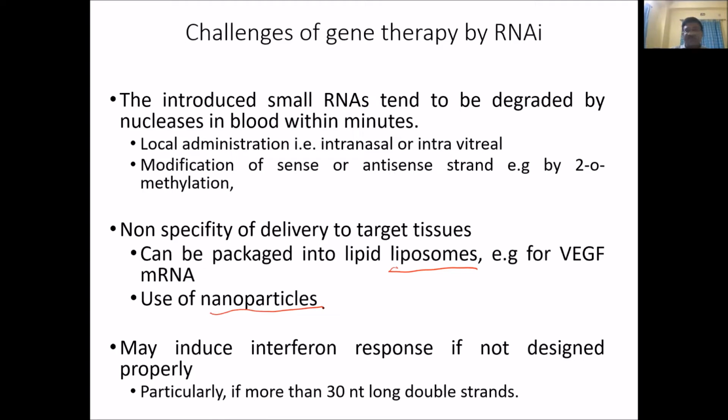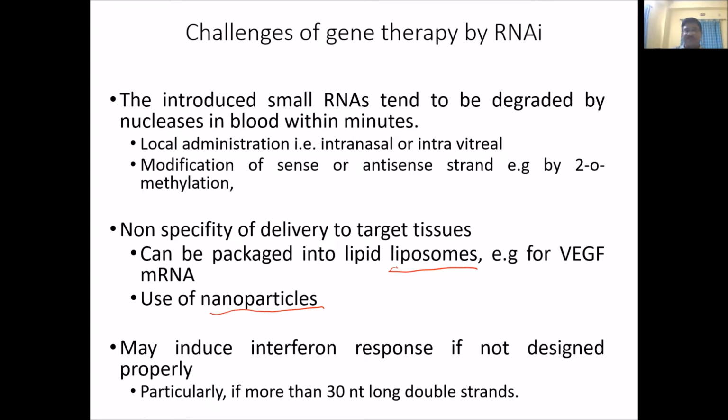The third challenge is that they may introduce an interferon response if not designed properly. That means the length of the introduced siRNA or the microRNAs should generally be within 21 to 25 nucleotides.